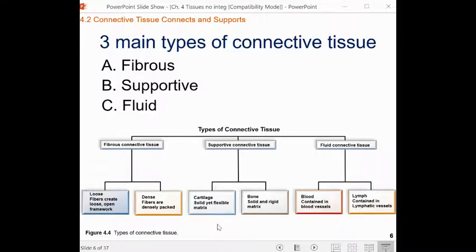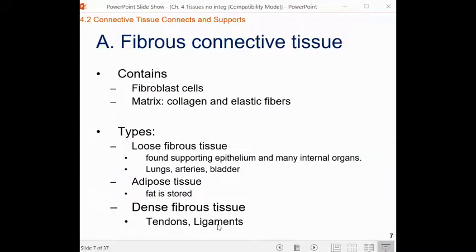Connective tissues can be broken down into 3 key categories: fibrous, where the fibers are either loosely or densely packed together; supportive; or fluid. Now, fibrous connective tissue typically contains a fibroblast, which is the cell itself, and then a matrix that's made of collagen and elastic fibers. It tends to be kind of rubbery.